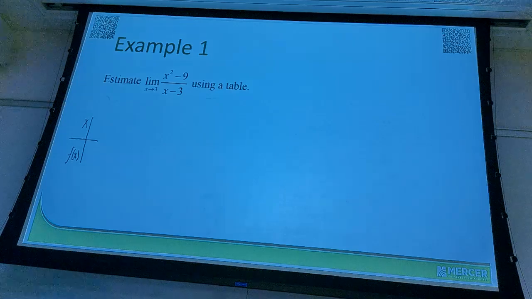We need an x, we need an f of x. Values to the left of 3, but keep in mind that for the limit, you still want to be close to 3.